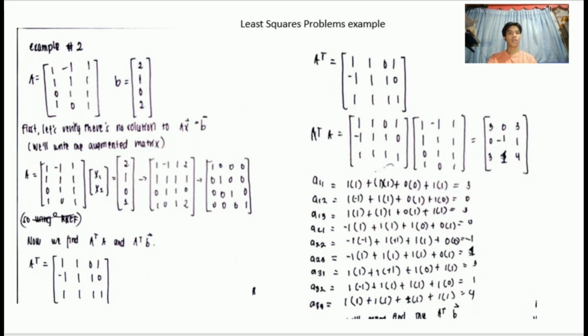So as for our row 2, we have here negative 1 times 2 plus positive 1 times 1 plus 1 times 0, as well as 0 times 2, which equals to negative 1. The same as for our row 3, which is 1 times 2 plus 1 times 1 plus 1 times 0 plus 1 times 2, which equals to 5.